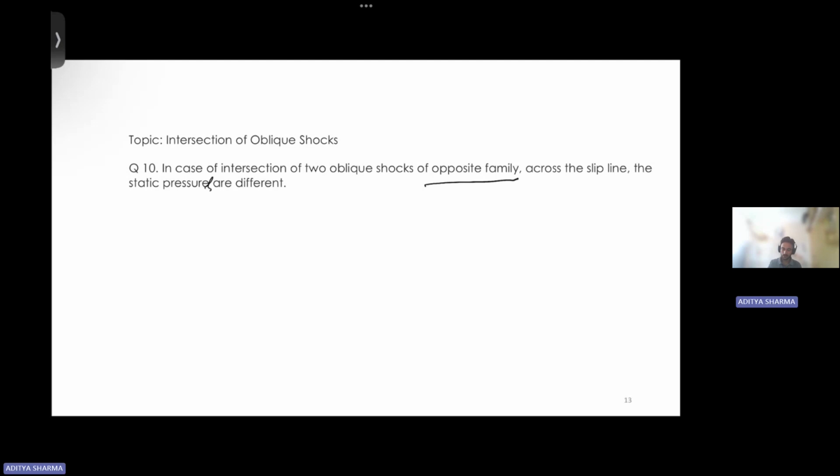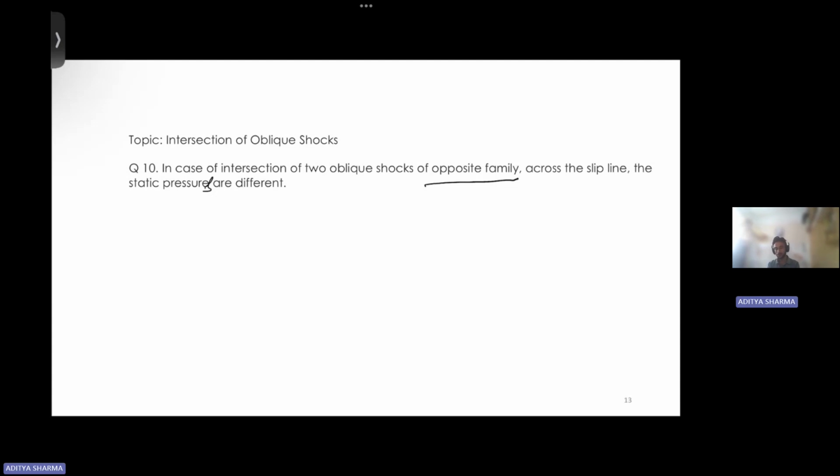The static pressures are different. So is it the case? I clarified that there cannot be a static pressure difference across the slip line. We draw the slip line only because there are entropy differences in the two regions, right?